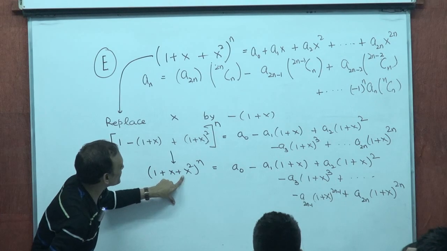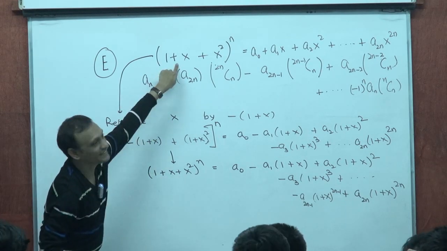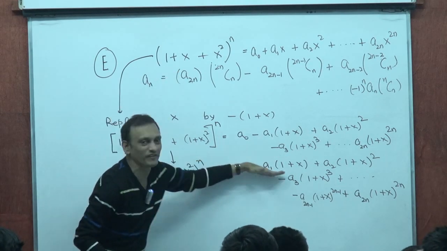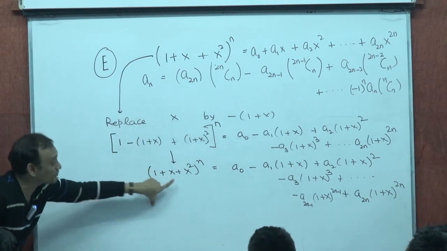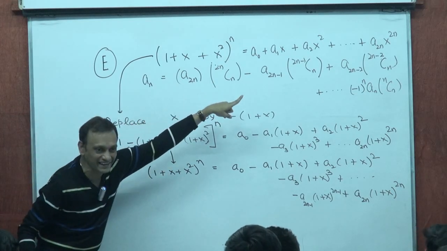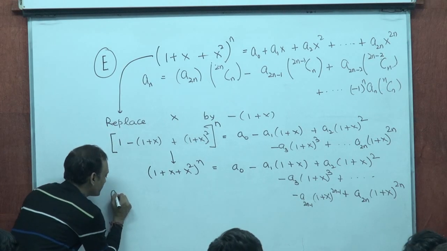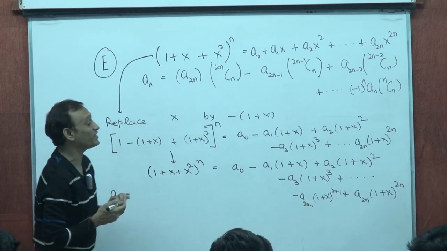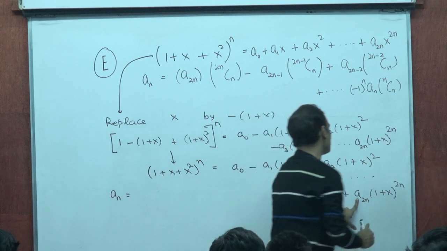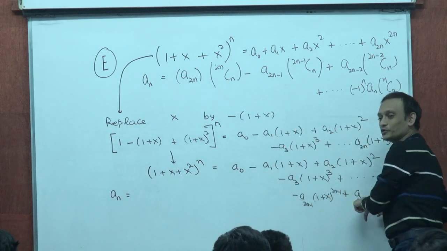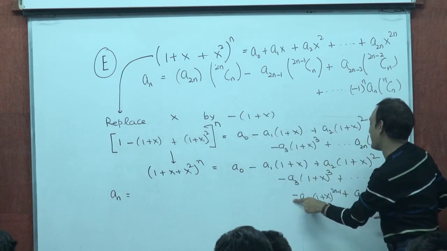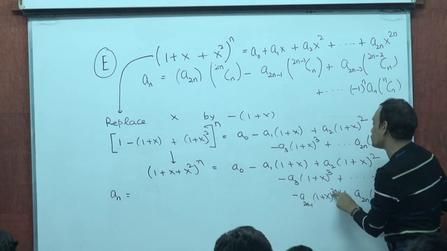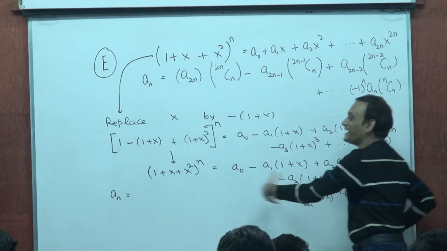Now this an also is what? The coefficient of x power n in this. So we equate coefficient of x power n in the identity. Coefficient of x power n on the left hand side is an, right? And coefficient of x power n on the right hand side, from this term I get a2n into 2nCn. From this term I get -a(2n-1) into (2n-1)Cn, and so on and so forth.